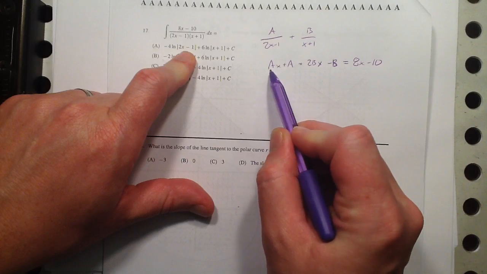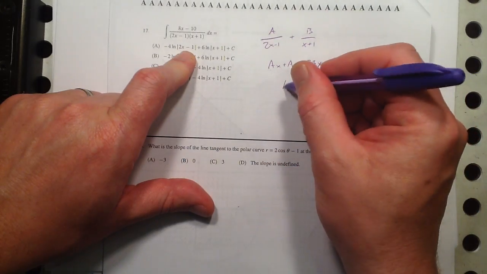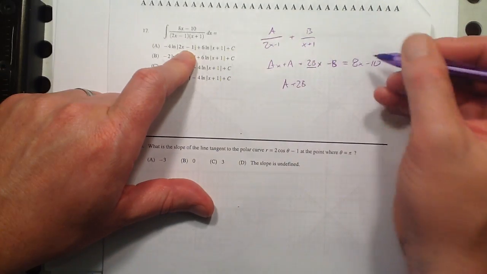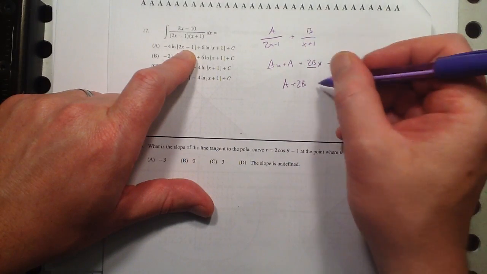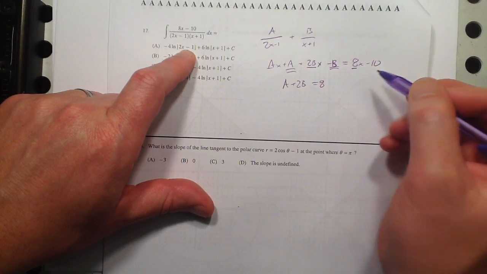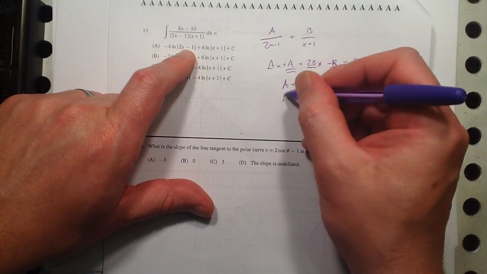So that means A plus 2B must be the coefficient of the x. And A minus B must be equal to negative 10.